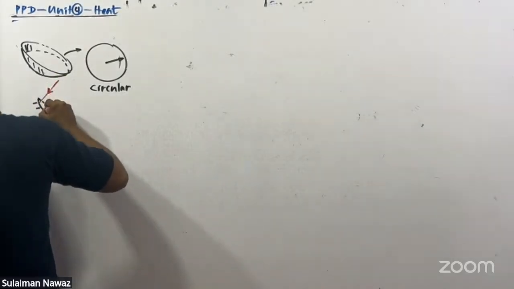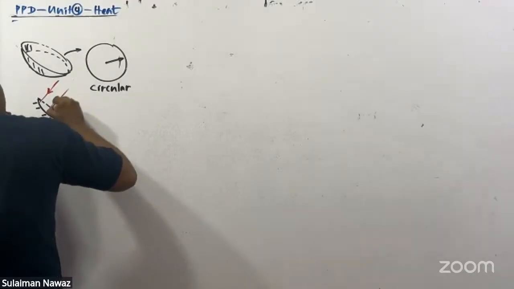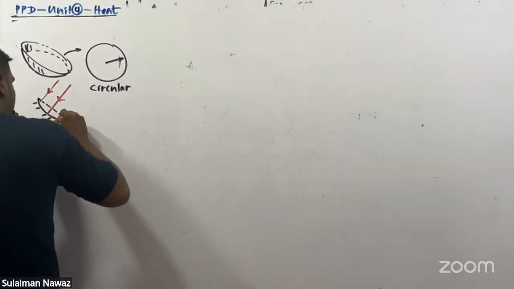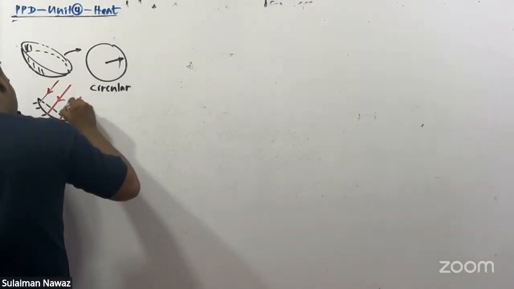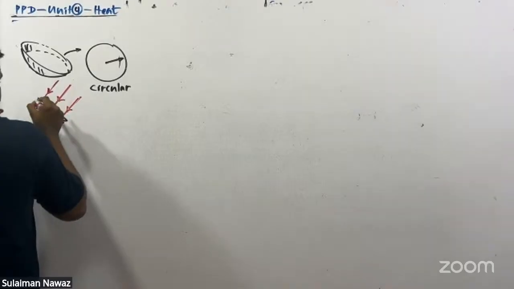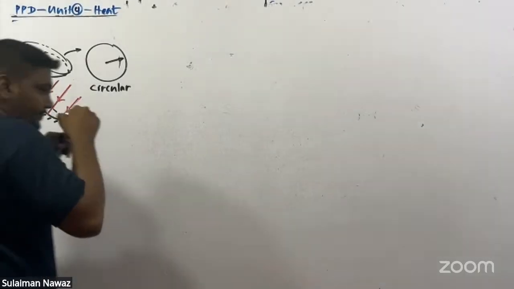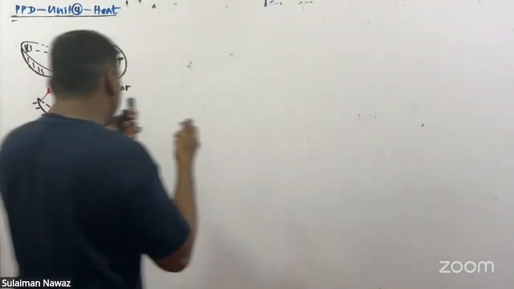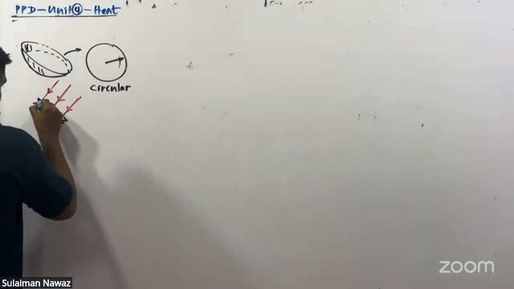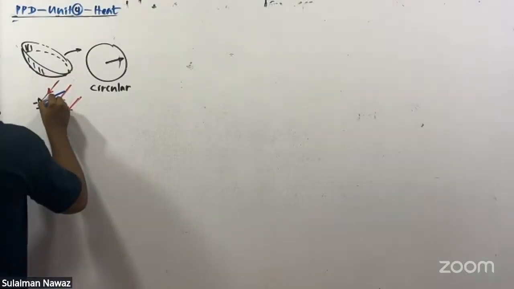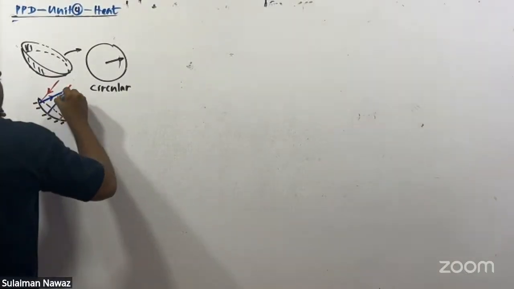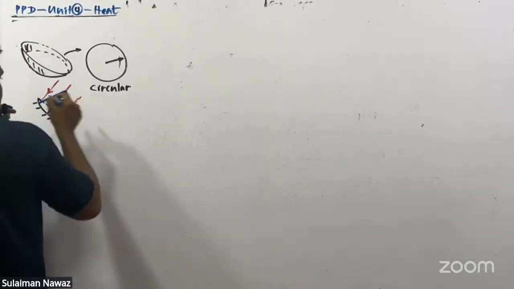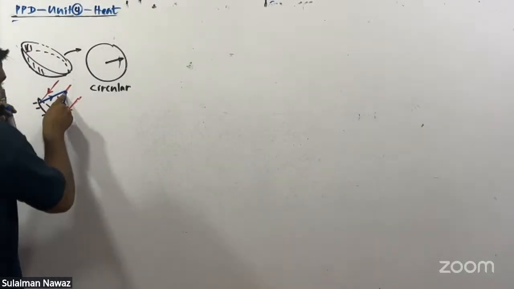So what happens is these solar rays incident on the collector reflect and converge, if not concentrate, to that cavity. They reflect and reach that cavity. So the cavity is located exactly at this focus.